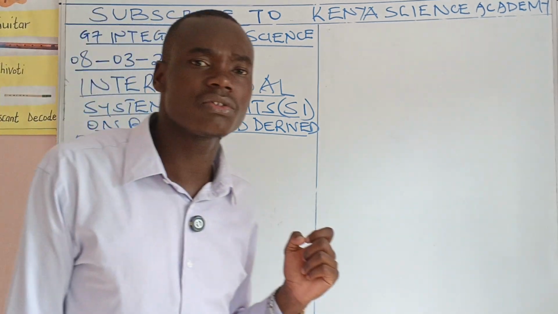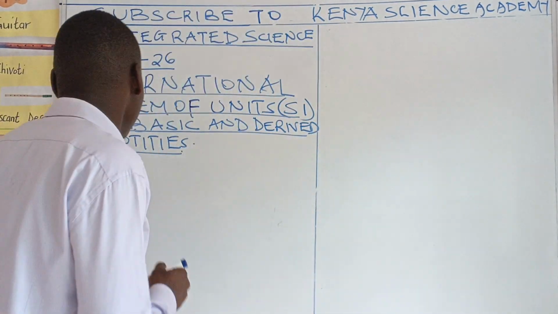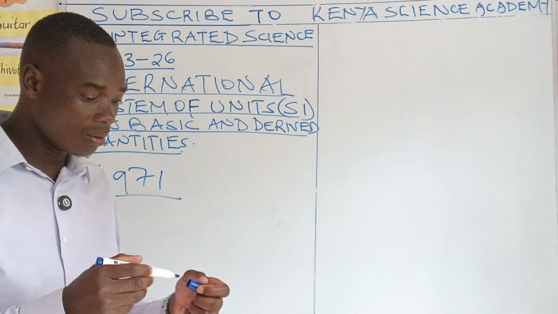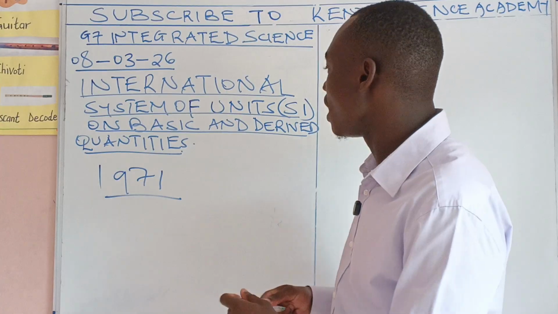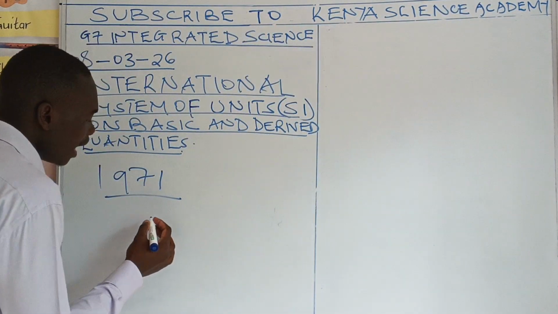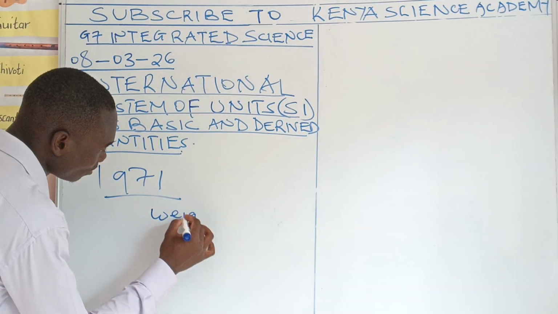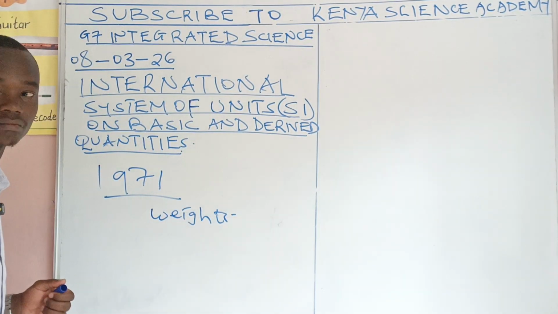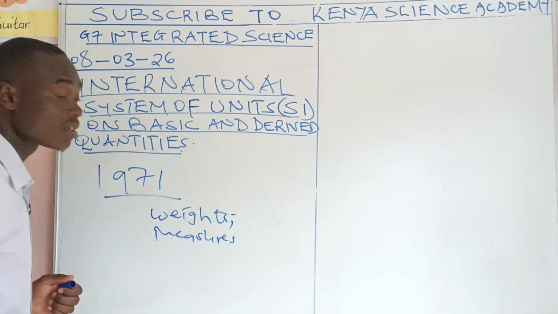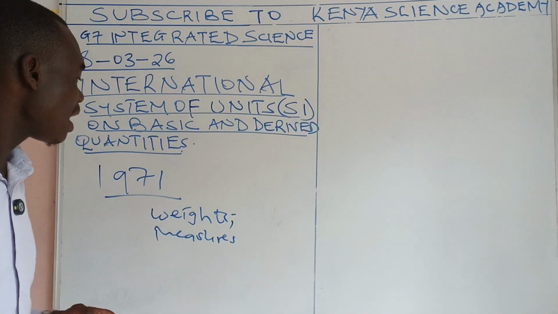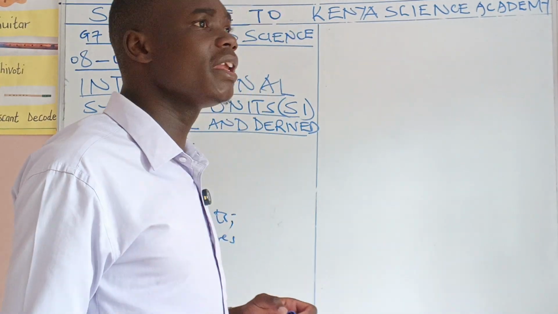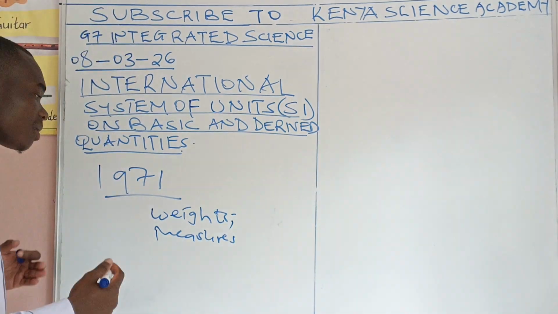Now, this international system of units, in 1971, there was a conference, and a group of scientists sat down and identified the weights of certain products, the measures of certain items, and realized that we need to name them, give them some units.